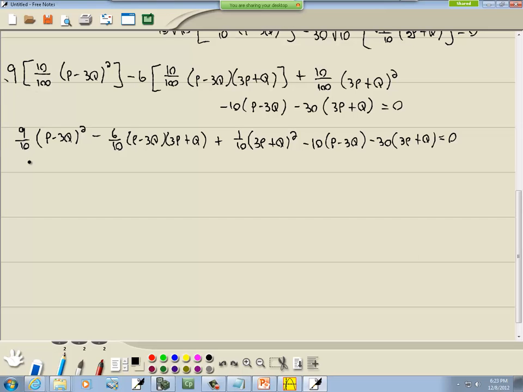So I multiply this by 10, and this becomes 9 times p minus 3q squared, minus 6 times p minus 3q times 3p plus q. When you're multiplying this entire thing by 10, you can just multiply the number out in front by 10. Same here, and this becomes 3p plus q squared. Multiply this 10 by 10, I get minus 100 times p minus 3q, minus 30 times 10 is 300.